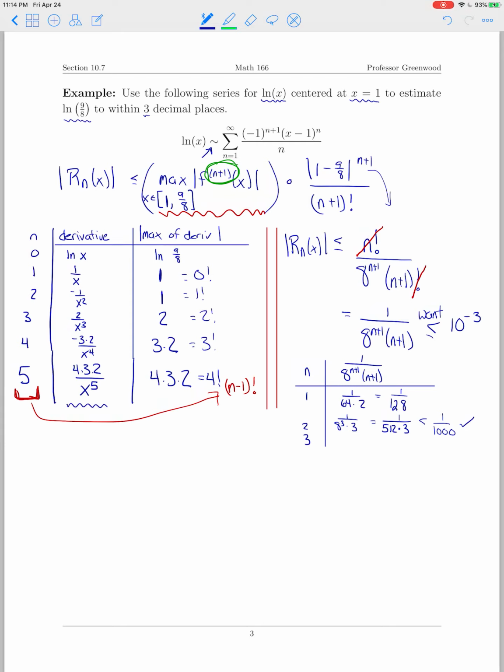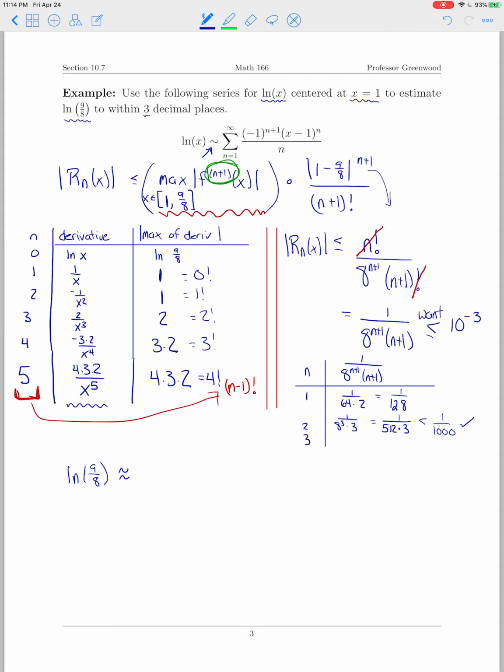And so now I can just plug in the first few terms, and I know that the natural log of 9/8 is going to be approximately equal to what happens when I plug in n equals 1 and 2 into that series, and then substitute the x for 9/8.